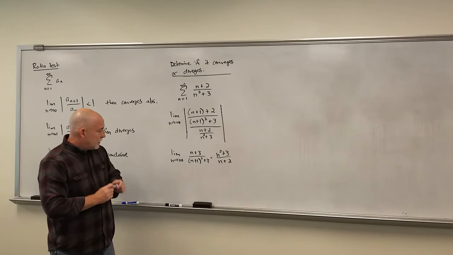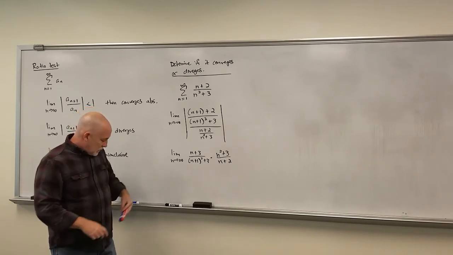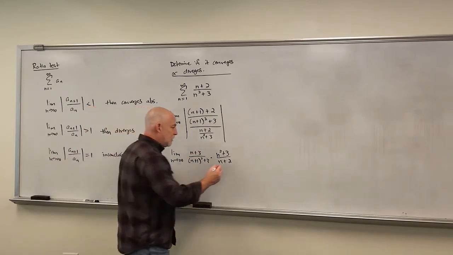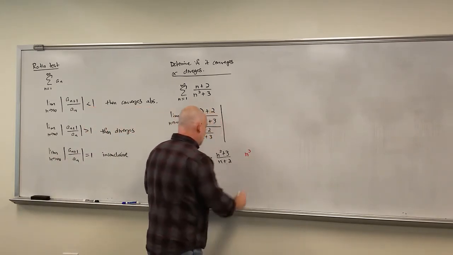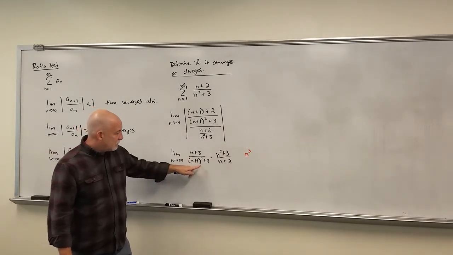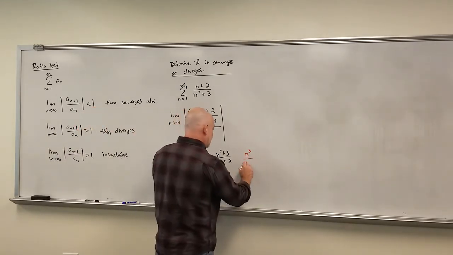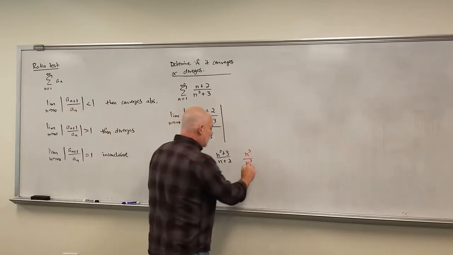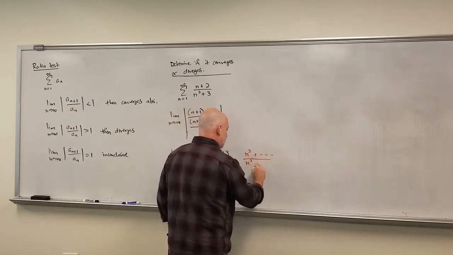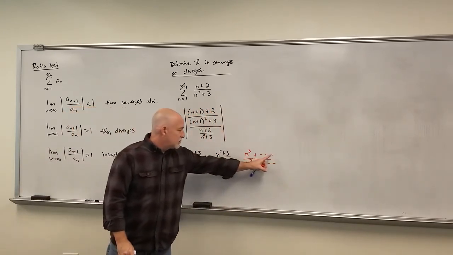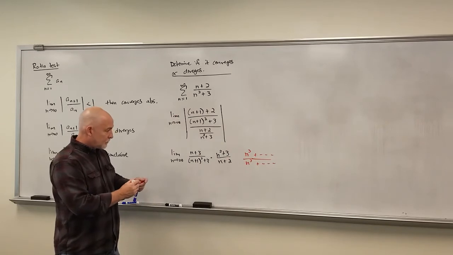If we distribute it all out on the top, what's the highest power we're going to have? We have an n squared times n, so on the top we would have an n cubed. On the bottom, we'd distribute this out. This would give us an n squared times another n, which would be another n cubed. Now we're going to have a lot of lower stuff, but as n goes to infinity, that lower stuff really doesn't matter.